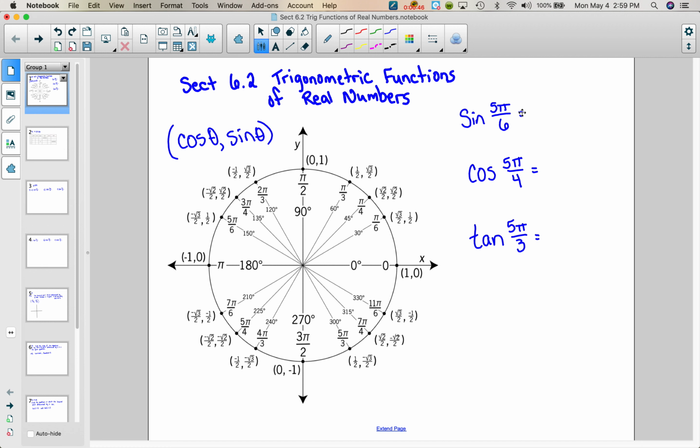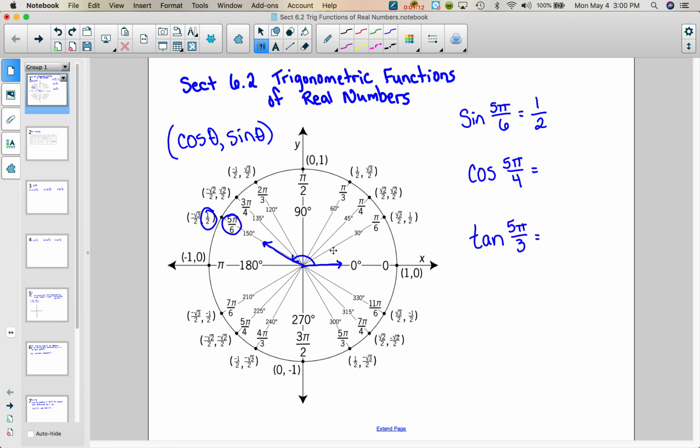So if you wanted to know sine of 5 pi over 6, remember all of these angles are measured from standard position, which means the initial side is on the positive x-axis, and then this would be the terminal side since it's 5 pi over 6. So we're talking about this angle right here. So here's the 5 pi over 6. Sine is the y coordinate, the y value, so our answer would be 1/2.